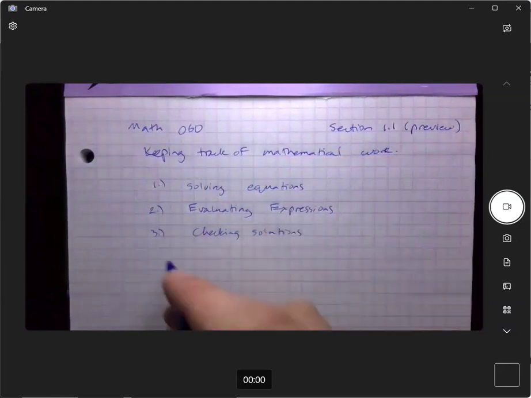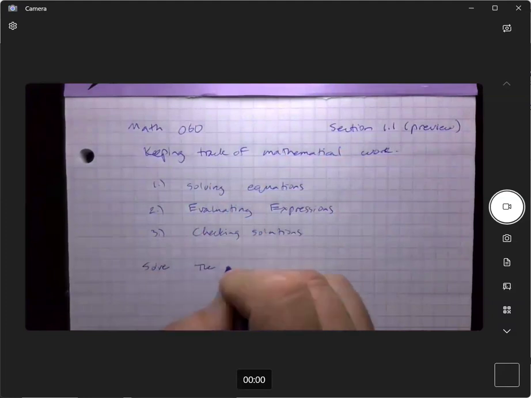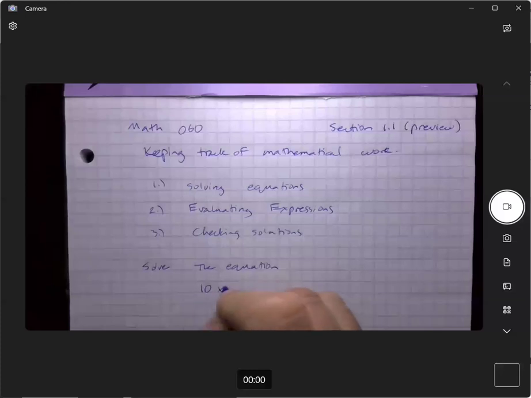So when you're solving equations, you might have something like: solve the equation 10x plus 7 equals 13x minus 23.